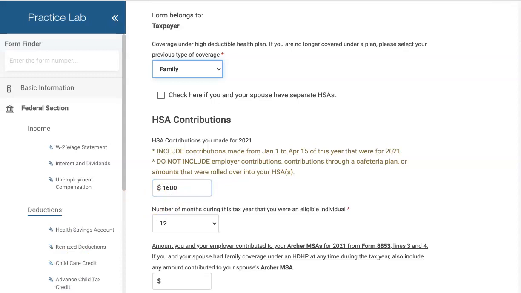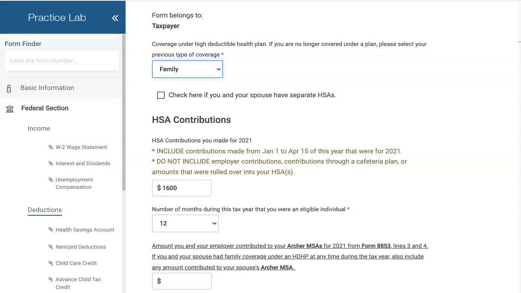So that $1,600 is going to reduce the taxable income. The taxpayers are in the 12% marginal tax bracket, so that $1,600 is worth a little bit less than $200 of tax saving. So let's back up a step.